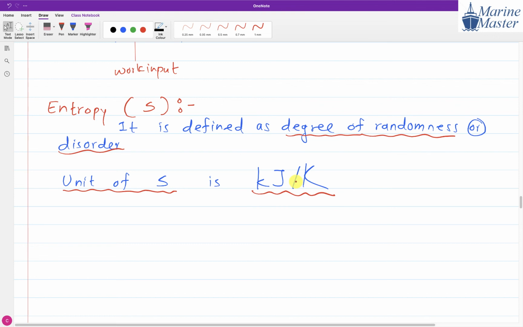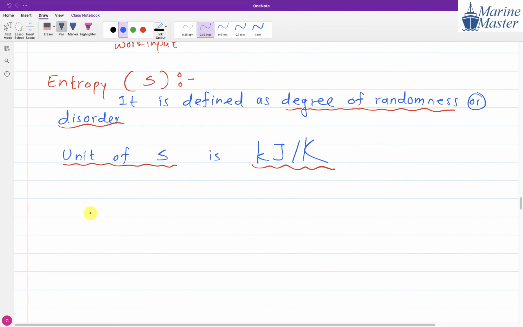Done, sir. Entropy of the system. Try to see the next point. The next point is very interesting.